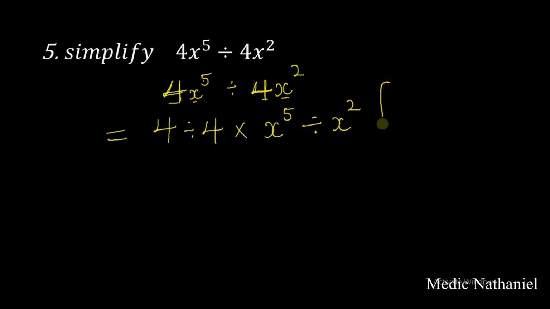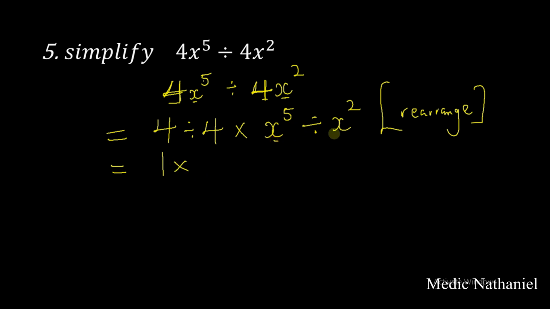So what we just did is we rearranged the expression. After that, we can divide. 4 divided by 4 will give you 1. x raised to the power of 5 divided by x raised to the power of 2, according to the division law of indices.